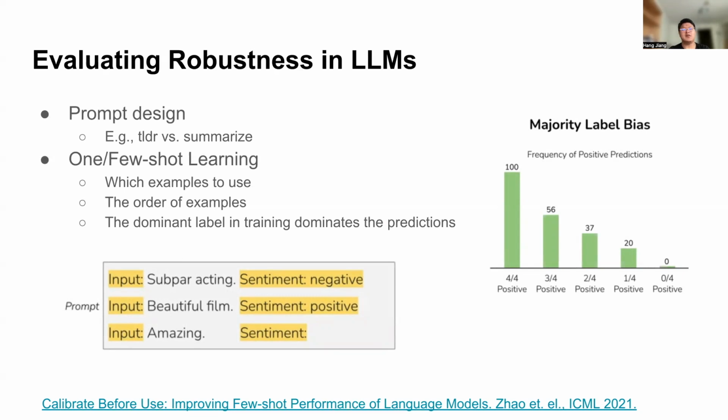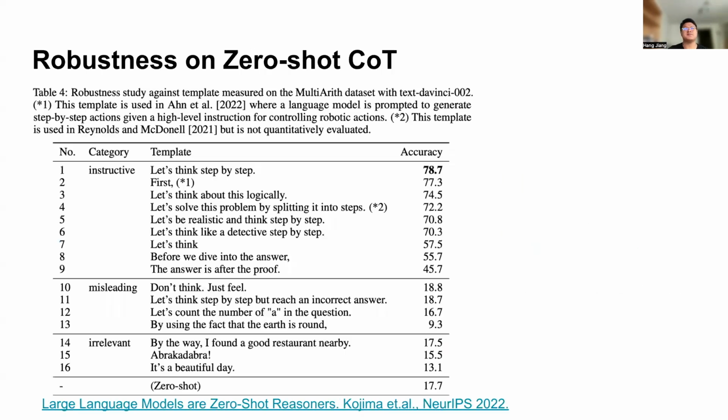However, in the four-shot example, if you increase the number of positive examples from 0 to 4, you can see the predictions become proportionally higher when there are more positive examples. That shows it's important to calibrate the models to let them understand the prior of the label distribution before you use them. You can check more in this paper, Calibrate Before Use: Improving Few-Shot Performance of Language Models.